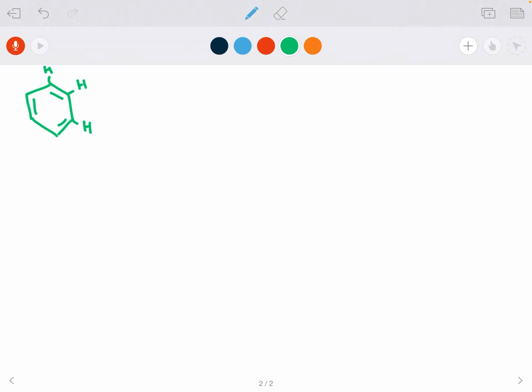I'll draw in the hydrogens because some of them are going to be part of the reaction. Right? That way we have them drawn. So my first step is reaction with sodium metal, which is a radical. So I'm going to put the arrows here in a different color to make them a bit easier to see.